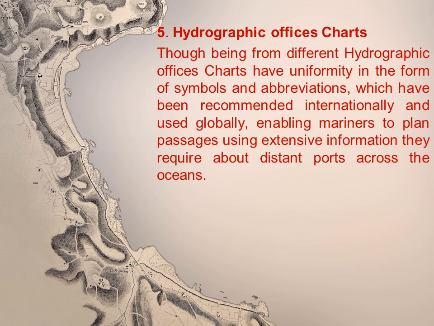Next, the hydrographic office charts. Though being from different hydrographic offices, the charts have uniformity in the form of symbols and abbreviations, which have been recommended internationally and used globally, enabling mariners to plan a passage using the extensive information they require about distant ports across the ocean.